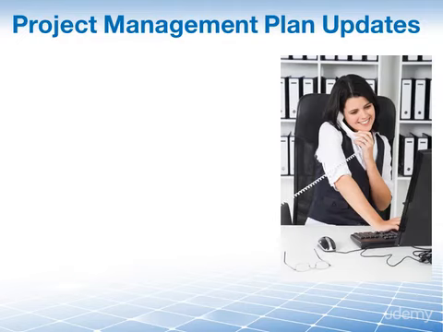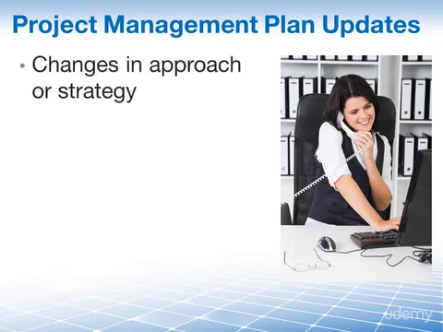The project management plan is not only an input to this process, we also apply our expert judgment to it, and then we make updates to the plan. As stakeholders engage with the project, the overall effectiveness of the stakeholder management strategy can be evaluated. Changes in approach or strategy can be identified and applied.